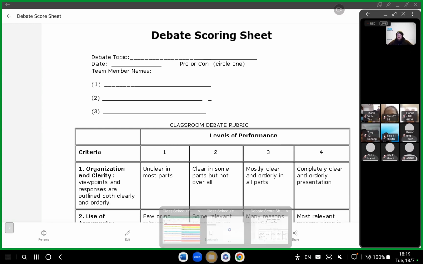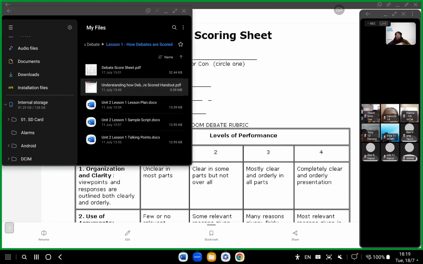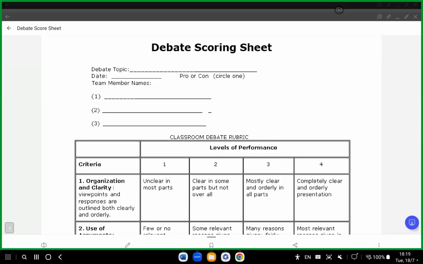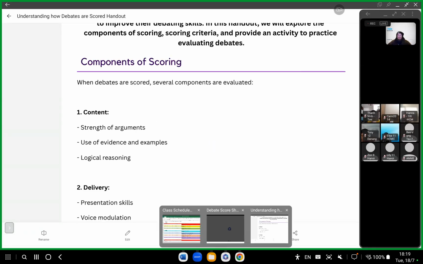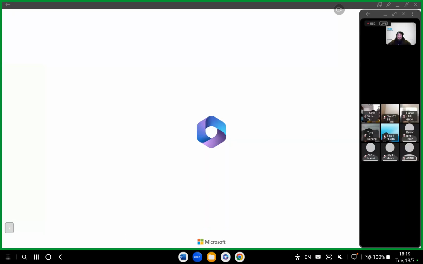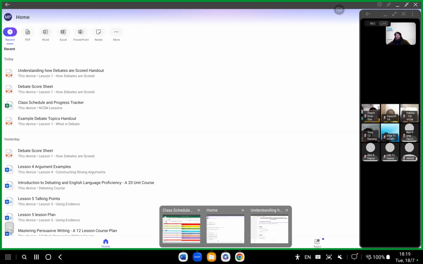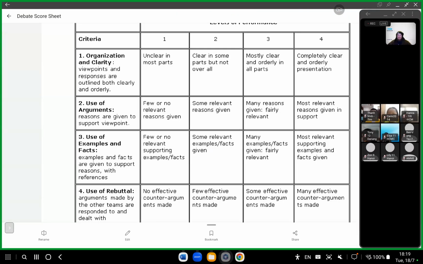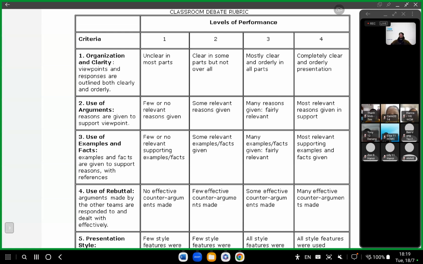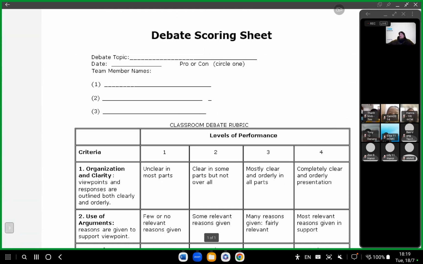Okay, so we'll take it from the top of the page. Not all debates use the same scorecards exactly, but this is a pretty good debate scorecard to show you what the judges do.